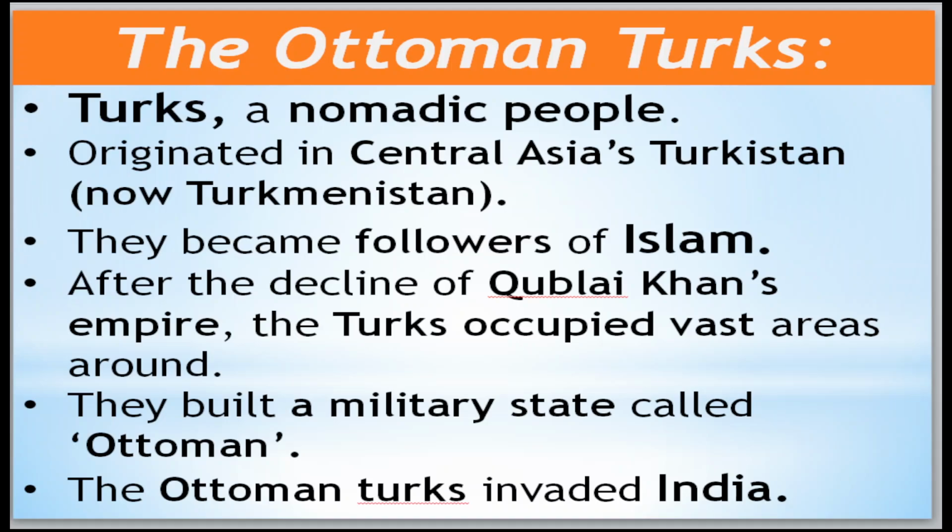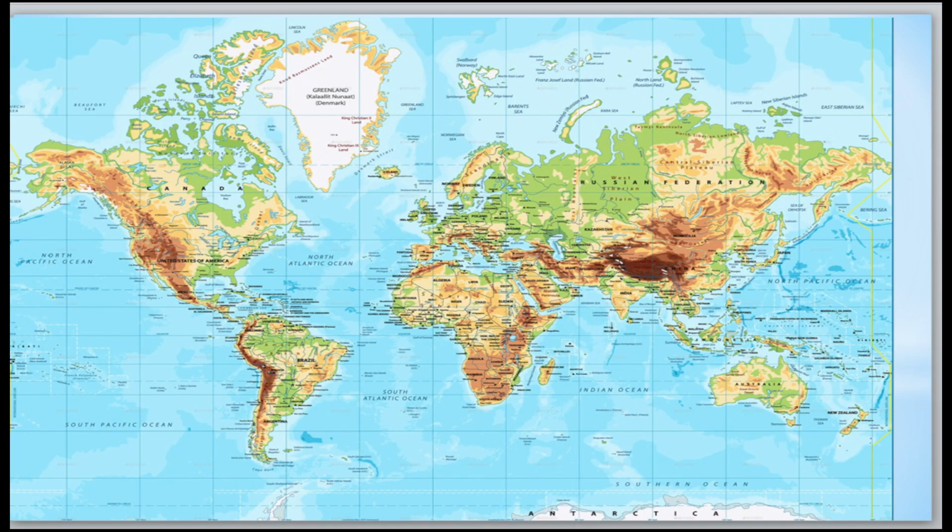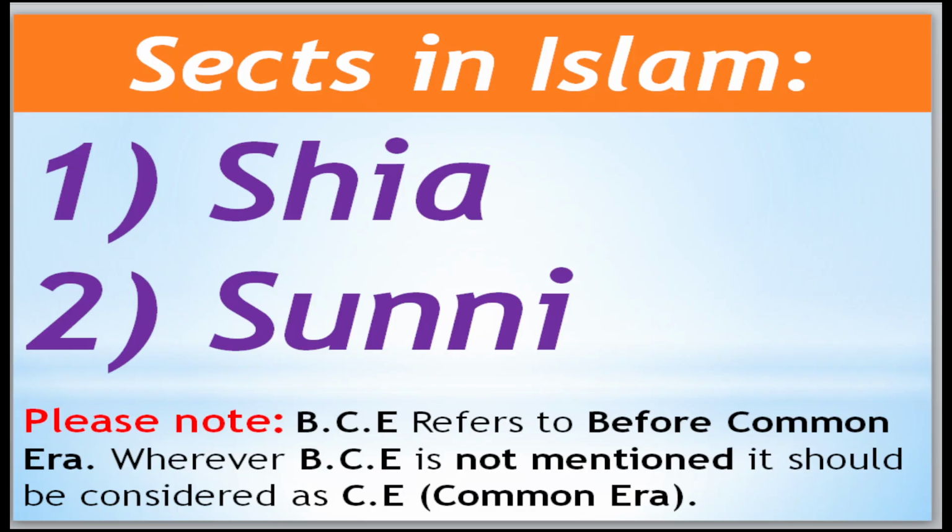Please note down the meaning of Ottoman: the state built by the Turks, that is a military state, is called the Ottomans. The Ottoman Turks also attacked India. There are also sects in Islam, one is Shia and the other is Sunni.